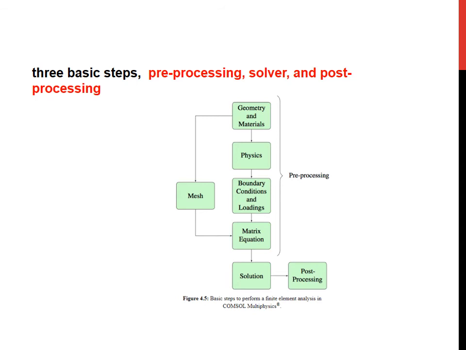The first step, pre-processing, consists of creating the geometry and putting the materials into each domain, and then we need to define the physics, what we need to solve, the load that we want to apply, the boundaries, the physical properties that we want to put into that boundary or volume domain, and of course the basic equation behind it to solve the problem.